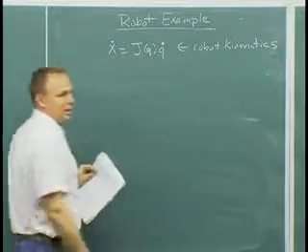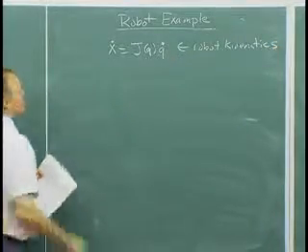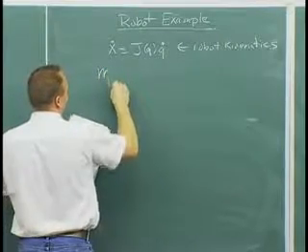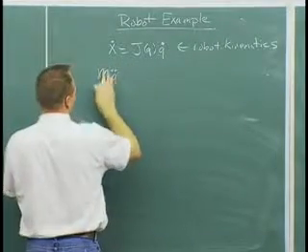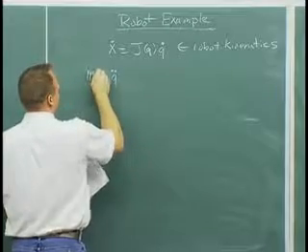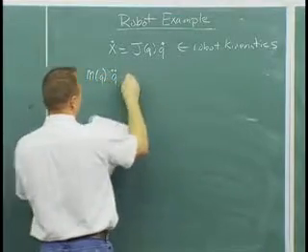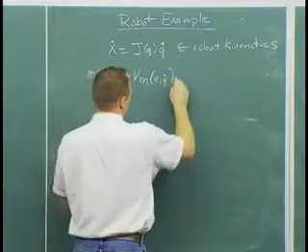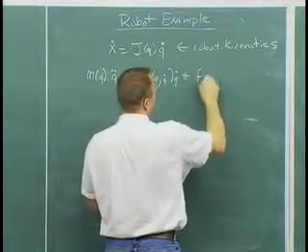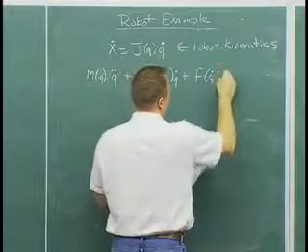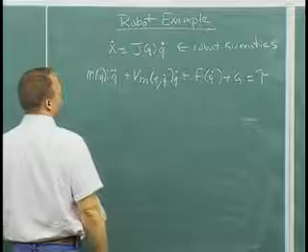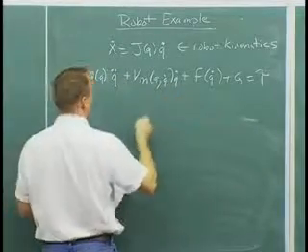You can call it airplane kinematics if it makes you feel more comfortable. And we also had the dynamic model, M of q, q double dot, plus V_m of q, q dot, times q dot, plus F of q dot, plus G equals torque. This was our dynamic expression.